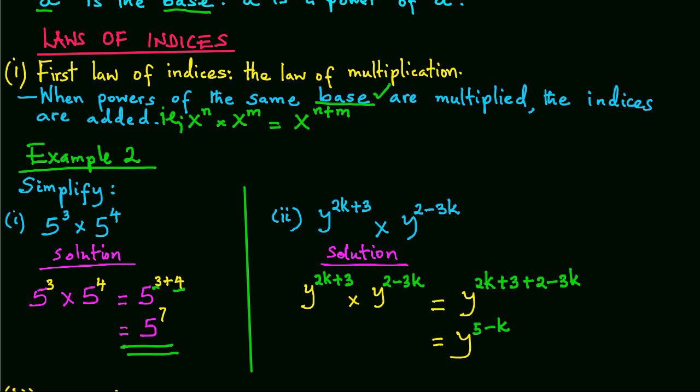Another example would be y raised to power 2k plus 3 times y raised to power 2 minus 3k. In this case, it's important to note that the base is y in both cases, so they have the same base. So what do we do? We add the indices, and therefore y raised to power 2k plus 3 times y raised to power 2 minus 3k will be equal to y raised to power 2k plus 3 plus 2 minus 3k.